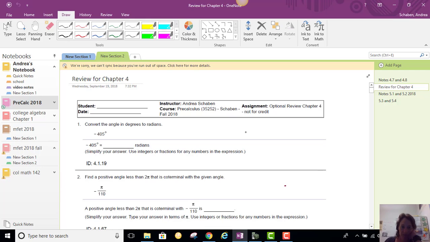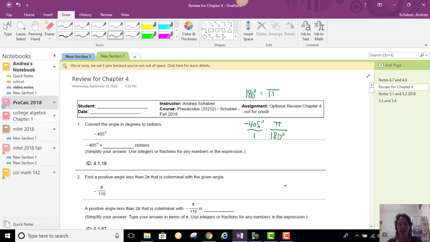So the first problem, to convert degrees to radians, you can either use dimensional analysis or proportional reasoning. So negative 405 degrees times pi radians over 180 degrees. Our conversion fact, 180 degrees equals pi radians.